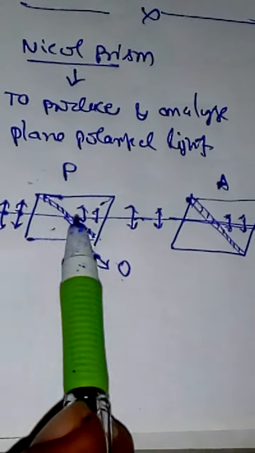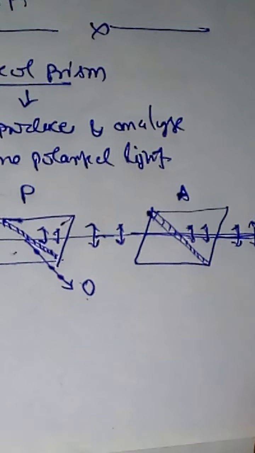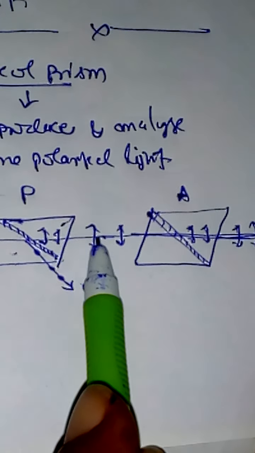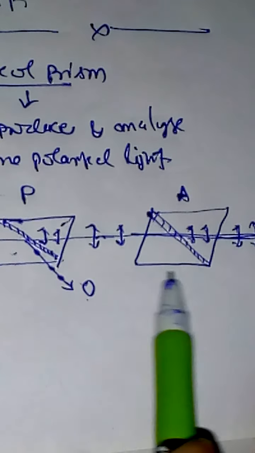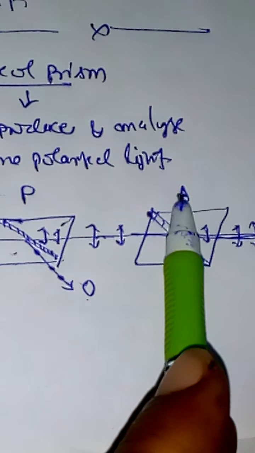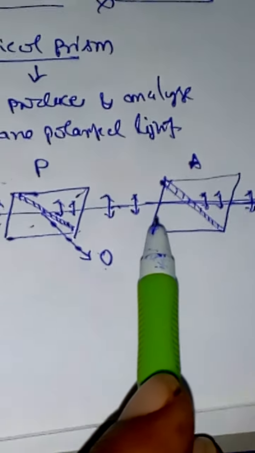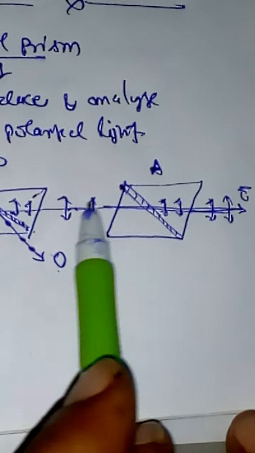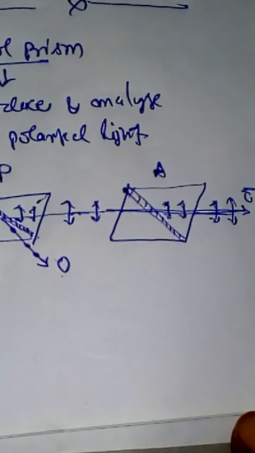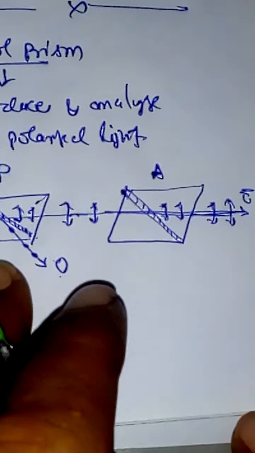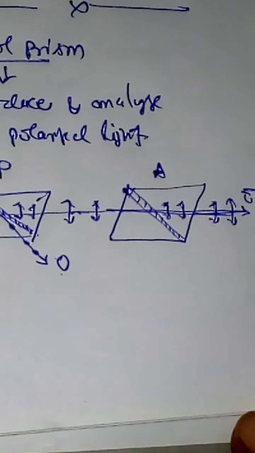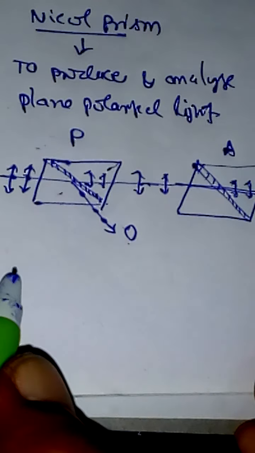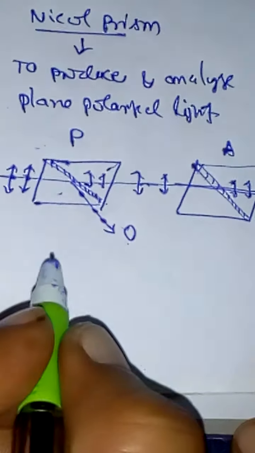It is cut off here. The rest of the ray, which is only extraordinary remaining, is passing through another Nicol prism, which we call the analyzer, kept parallel to this. Now if you want to analyze this, an interesting feature will be understood. How to analyze this? This is production.